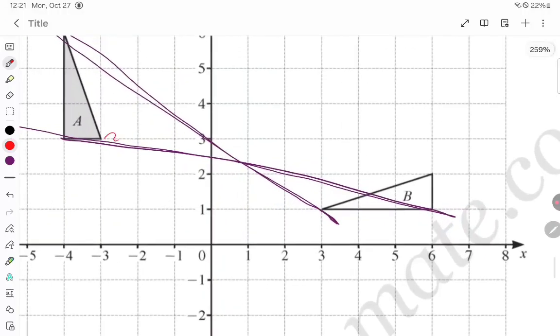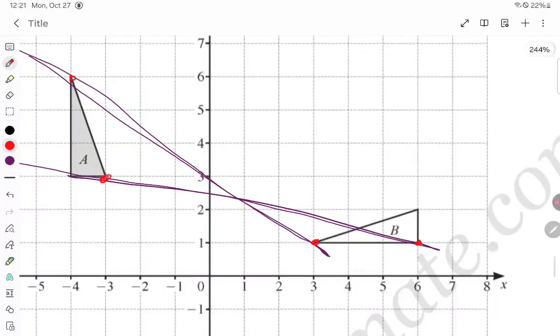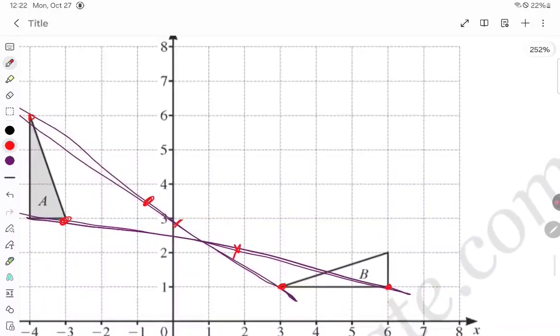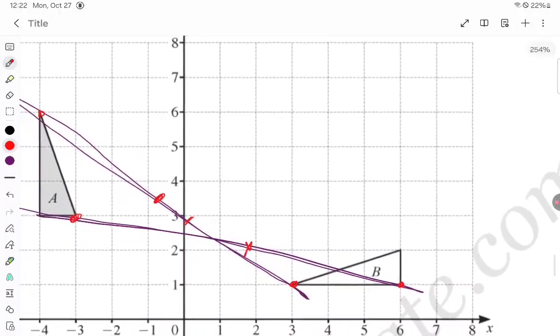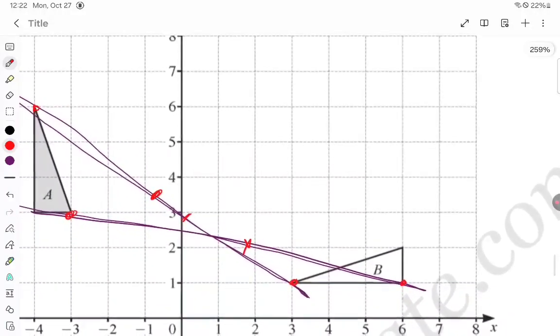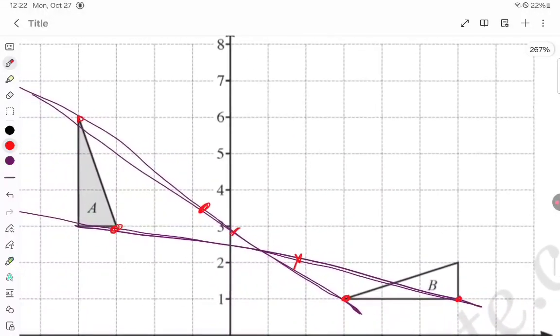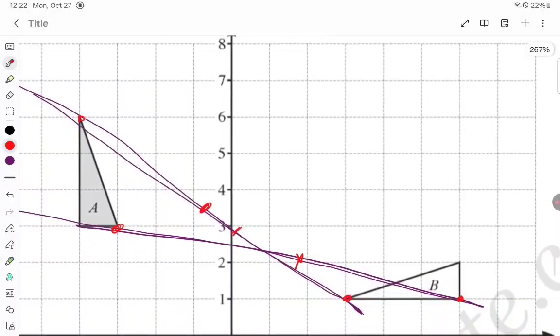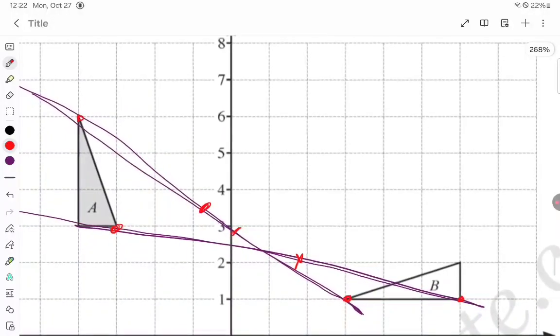Now from this point to this point, and from this point to this point, place your ruler and mark the center point somewhere here and here, and place your protractor and mark a 90-degree line on both sides, or you can simply calculate the midpoints with the help of the quadrants.